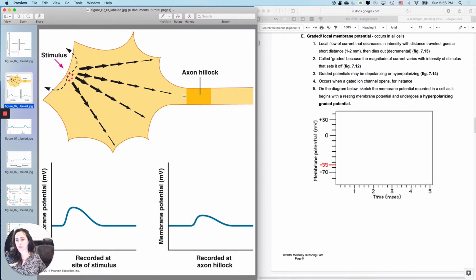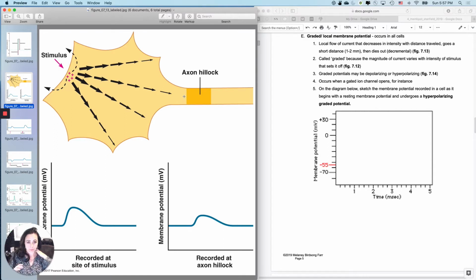It's decremental, kind of like throwing a pebble or a boulder in a pond. If you throw a pebble in a pond, it's not going to be a massive change at the site, and certainly not over on the other side of the pond. But if I throw a boulder in a pond, it will be massive here, and then the waves that I feel will be less over on the other side of the pond.